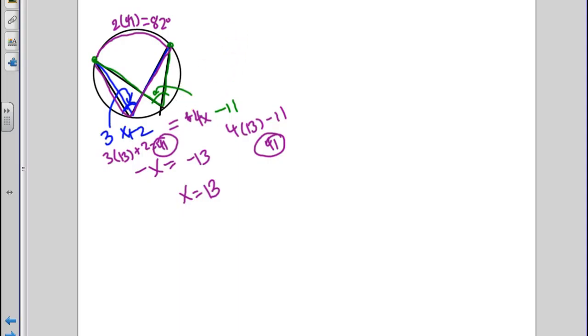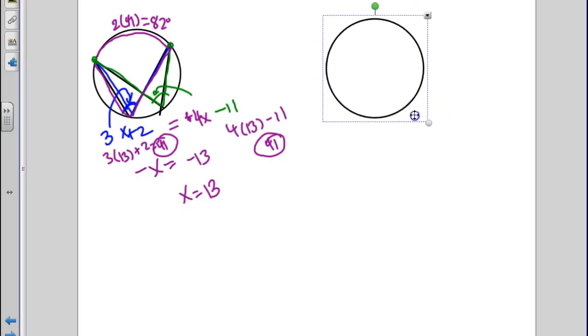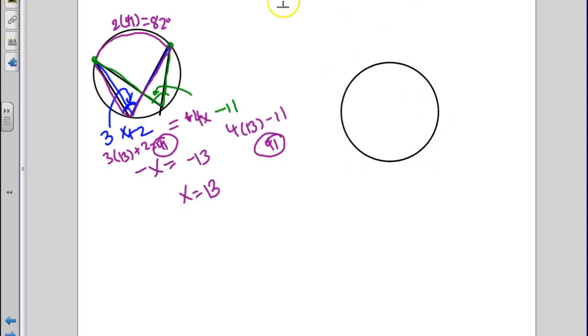We already talked about this when we reviewed for EOI, but I just want to remind you that if we have an angle and its endpoints are connecting the diameter of a circle, that makes this a right angle.